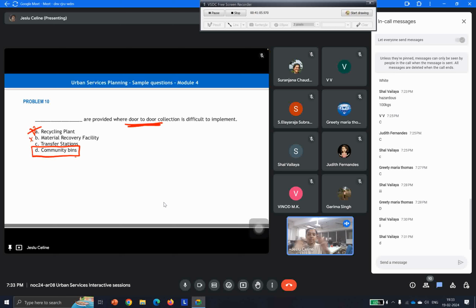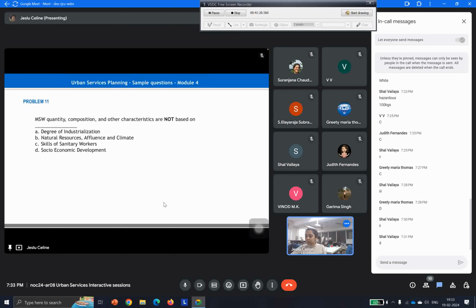Before it's given out to different regions, there are multiple transfer stations where the waste is stored temporarily. So that again happens after the door-to-door collection. But here we are talking about an alternative to the door-to-door collection system, which is usually done through community bins. Right. Let's go to the next question.